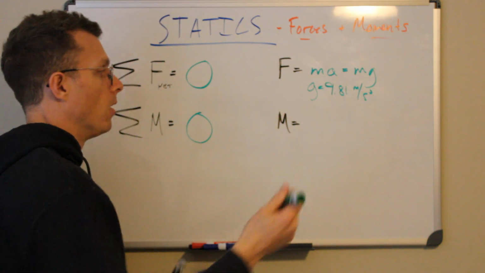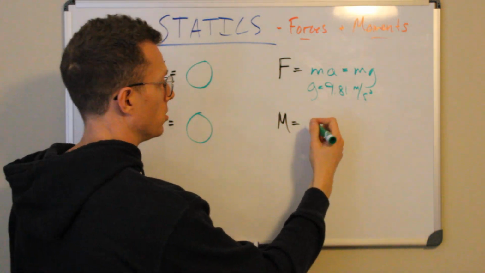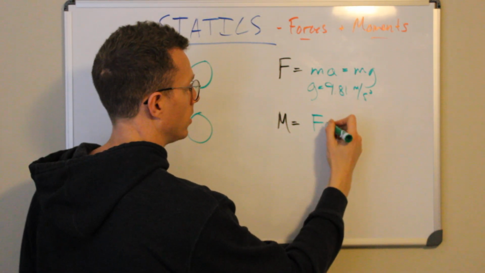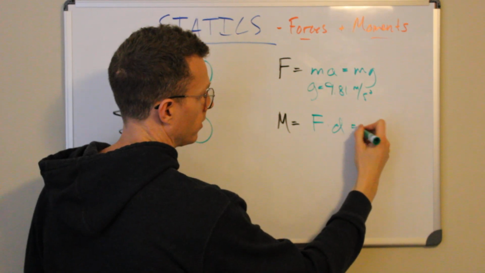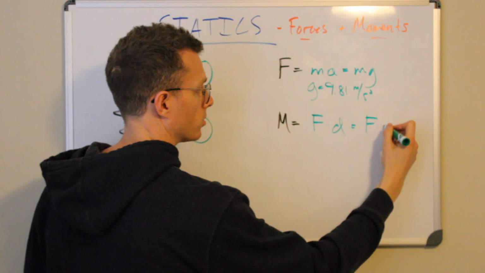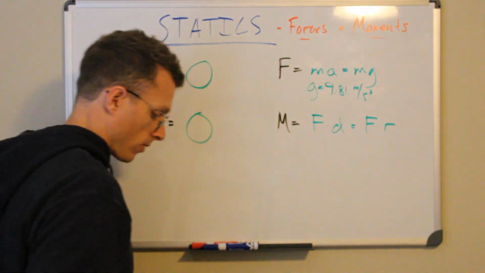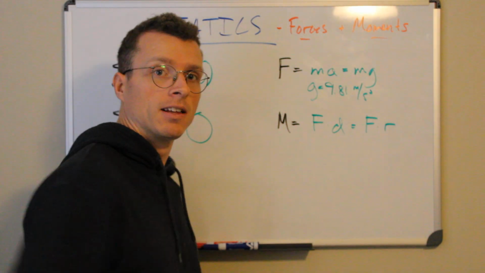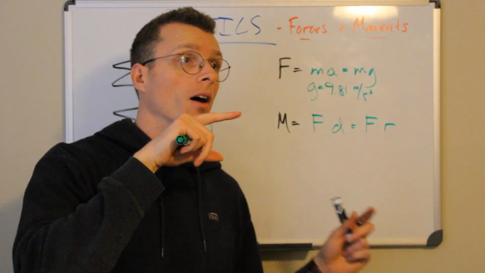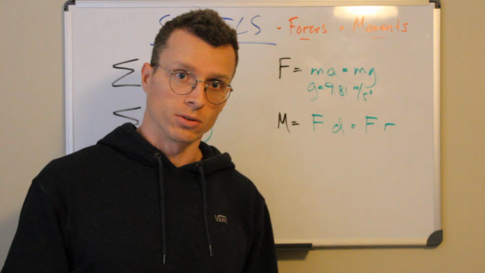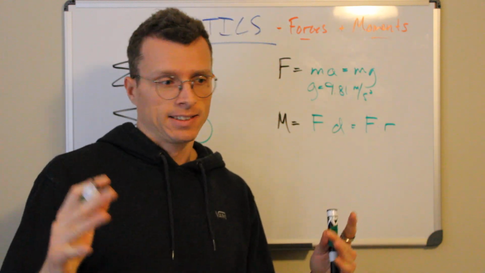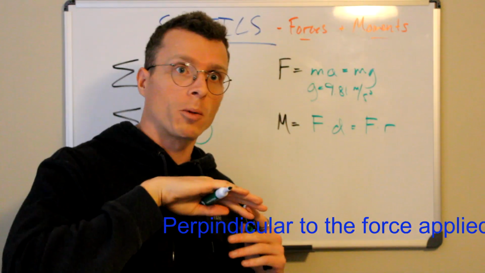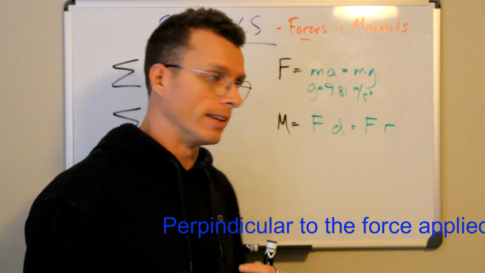So a moment is going to be equal to a force times a distance, or a force times a radius. And in particular, this distance or radius is from the axis of rotation. It's not just any distance, it's not just any radius, it's perpendicular to the force applied.